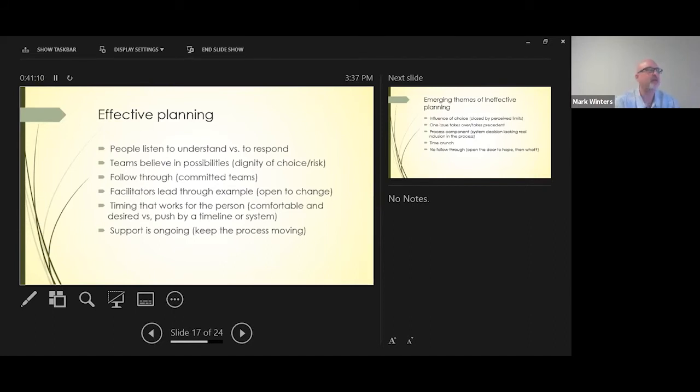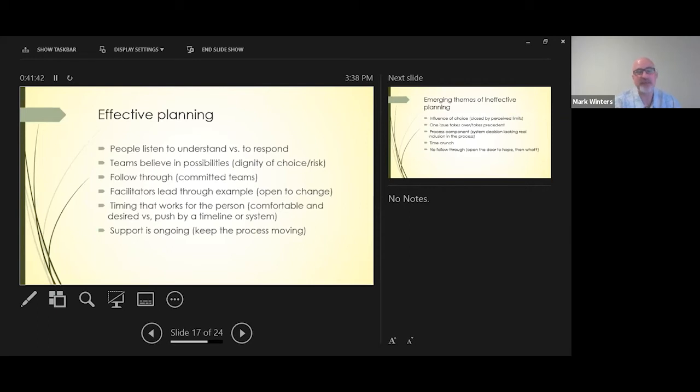Effective planning holds a space where people listen to understand rather than listening to formulate a response, where teams believe in the possibilities, where dignity of risk and dignity of choice is absolutely present, where it is fostered. We don't, again, back to the yes and, right? We don't say, well, no, that's never going to work. It's okay. Every life lesson that I've learned, I learned because I fell down and I got back up.